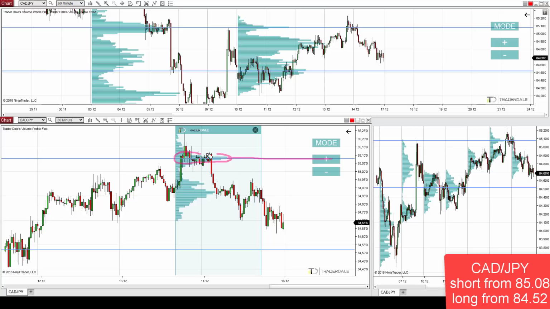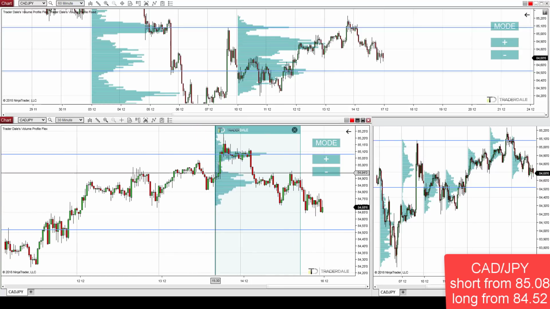You can see that really heavy volumes got accumulated in this sideways price action, which got followed by strong selling activity right there. So this is a sign of strong sellers accumulating their selling positions and afterwards pushing the price downwards. So when the price makes it back to this level again, I think that those sellers will be defending their selling positions and they'll push the price downwards again.